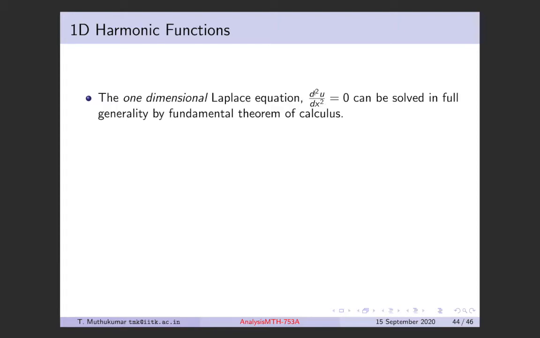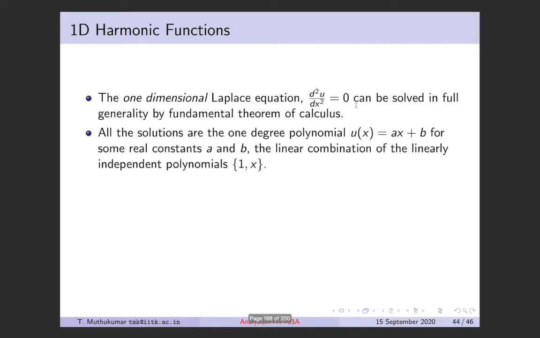So you integrate it once, and you get a constant, that is, the derivative of u is a constant. You integrate it once more, you get a degree 1 polynomial, right? So you can see that ax plus b, all these linear functions, all these lines in R2, are actually harmonic functions in one dimension.